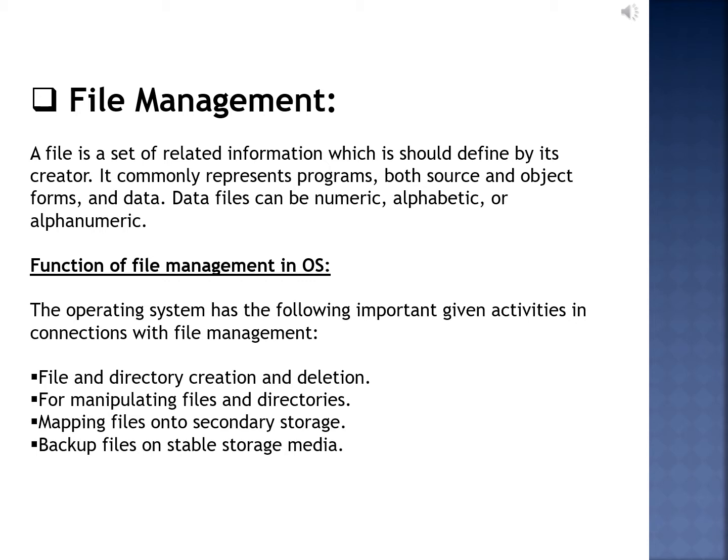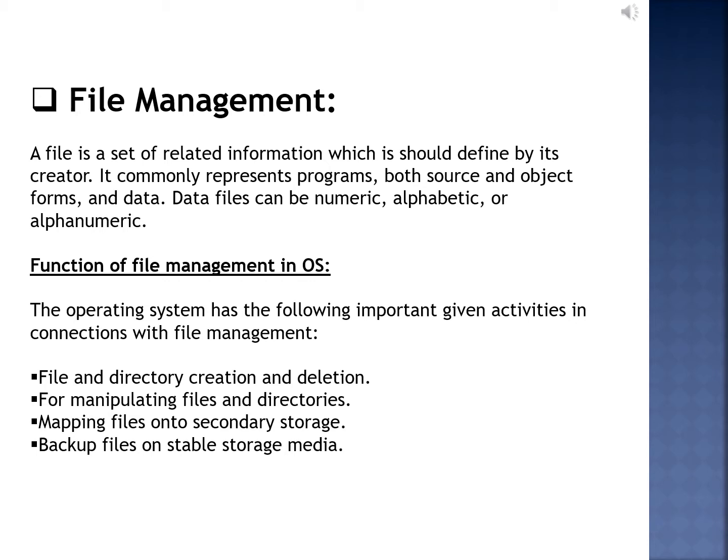Files may be free-form, such as text files, or may be rigidly formatted. In general, a file is a sequence of bits, bytes, lines, or records whose meaning is defined by its creator and user. It is a very general concept.